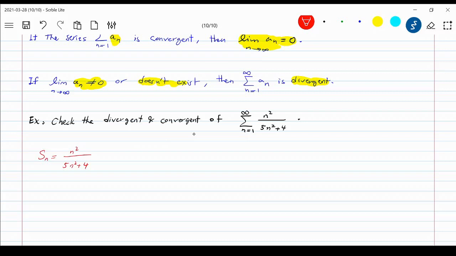Basically you can figure out the limit. What would be the limit? As n approaches infinity, you can calculate that this is 1 divided by 5. So I would have a convergent sequence.